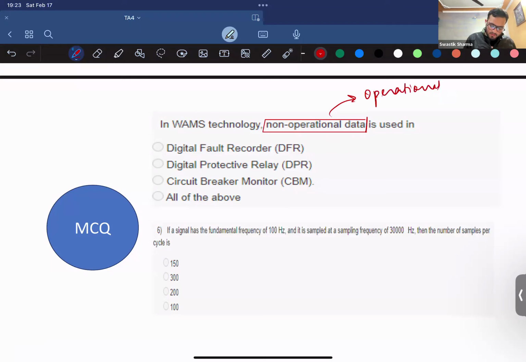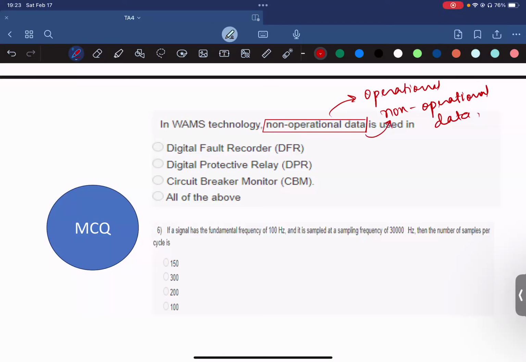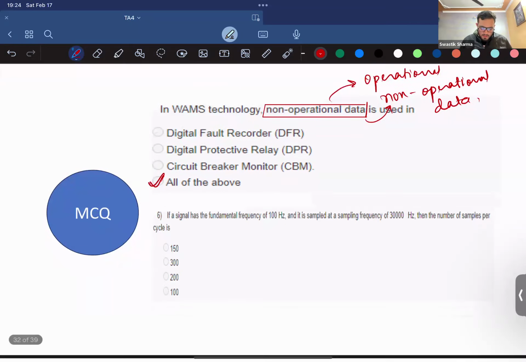I didn't cover it today. Can anyone tell me? Digital fault recorder. I think it's all of the above. Yeah, it's all of the above, right?